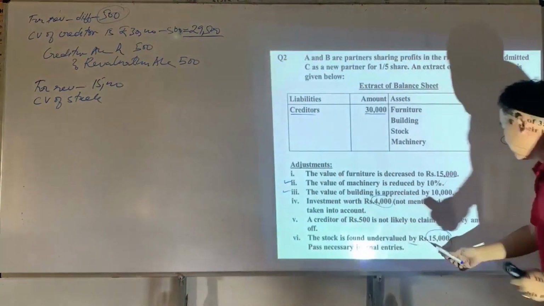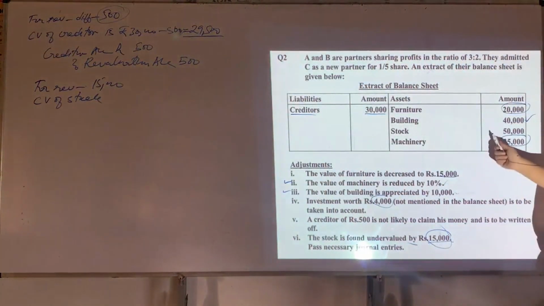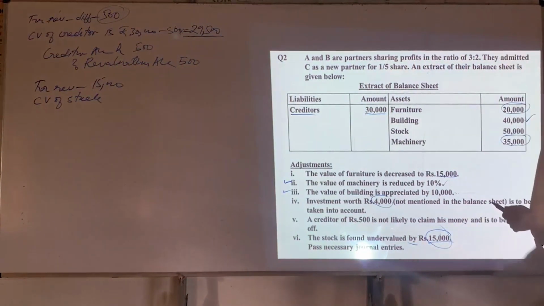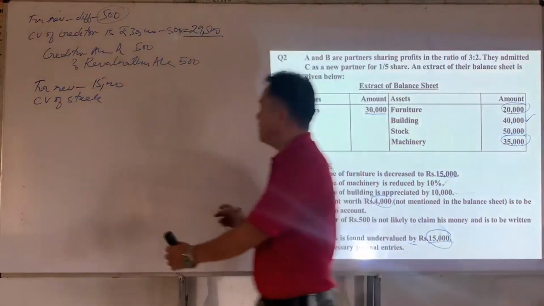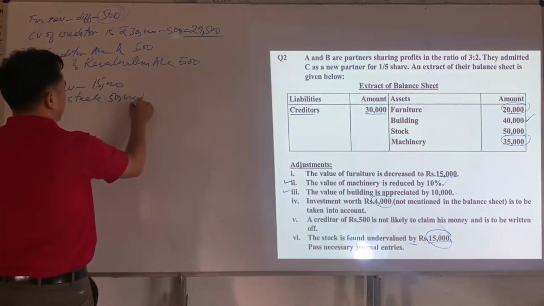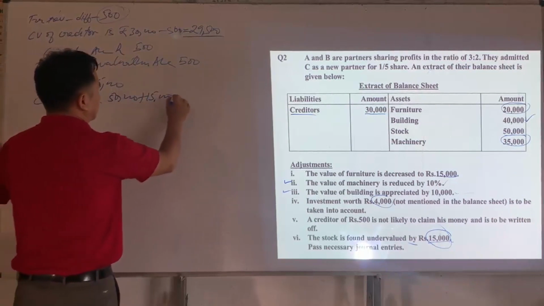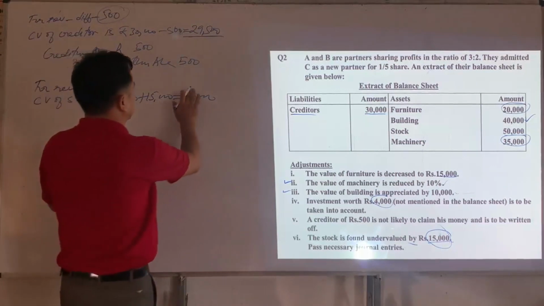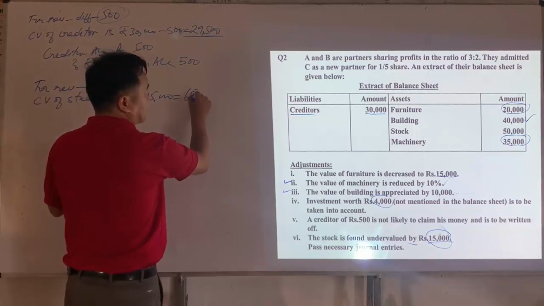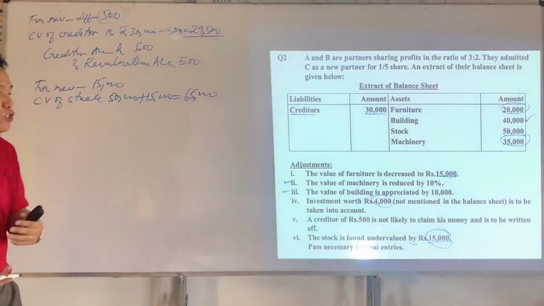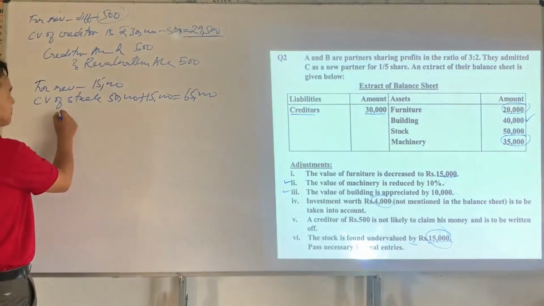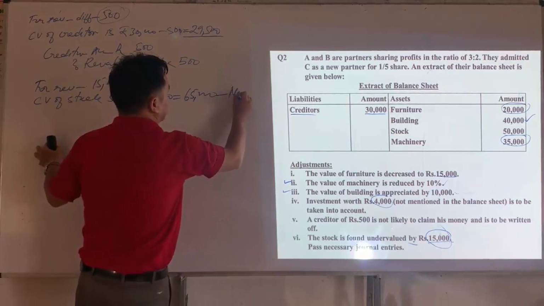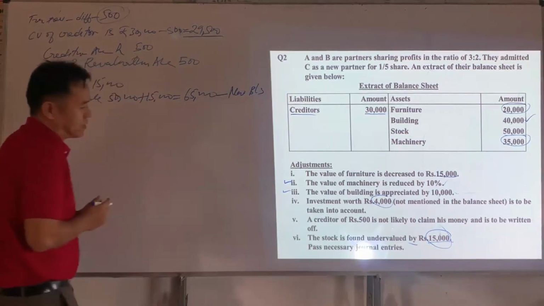So this 15,000 should be added to the book value of 50,000. 50,000 plus 15,000, so how much we get? 65,000. So current value of stock is 65,000, which will be shown in the new balance sheet.